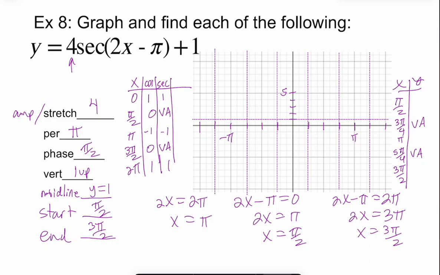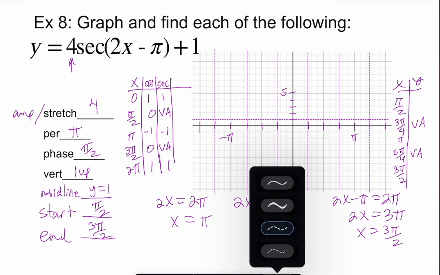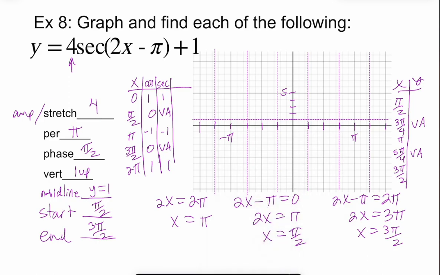So there, we're good to go. Get your graph paper all ready by breaking down your X's and Y's, however you want to count is good with me. Put on your middle line and put on your vertical asymptotes before we try to figure out where our bumps are at. Hopefully you've got that much.